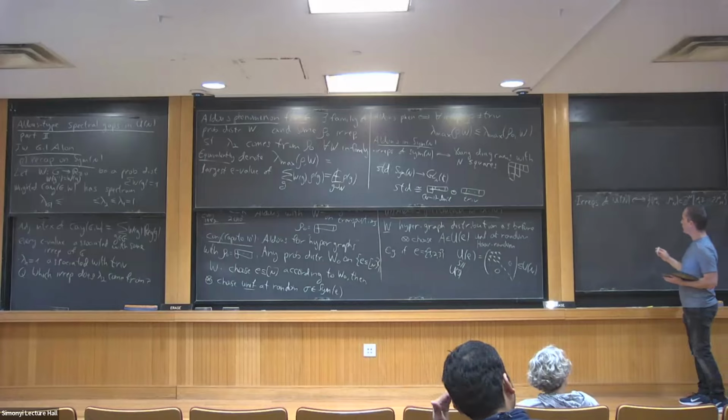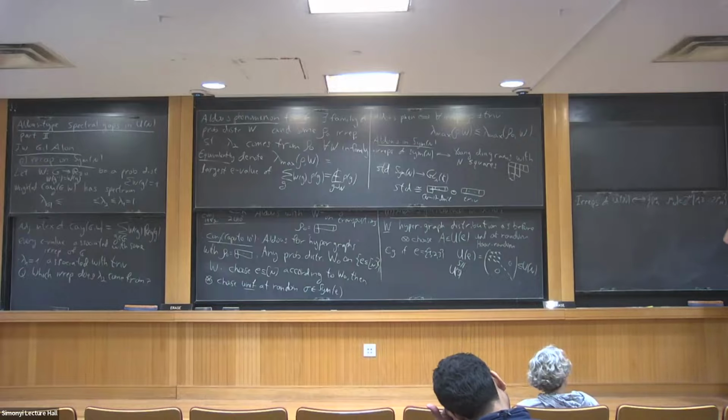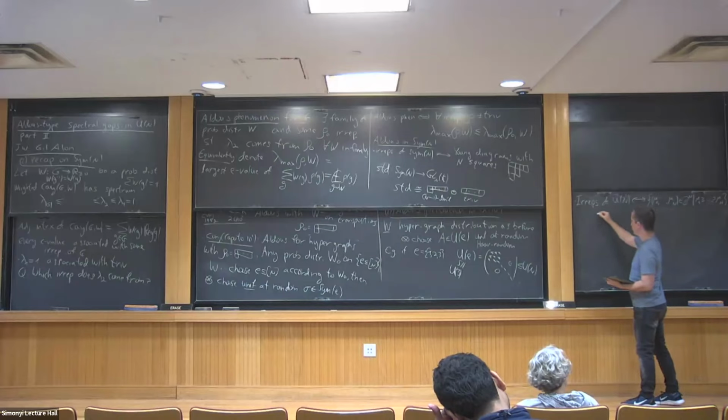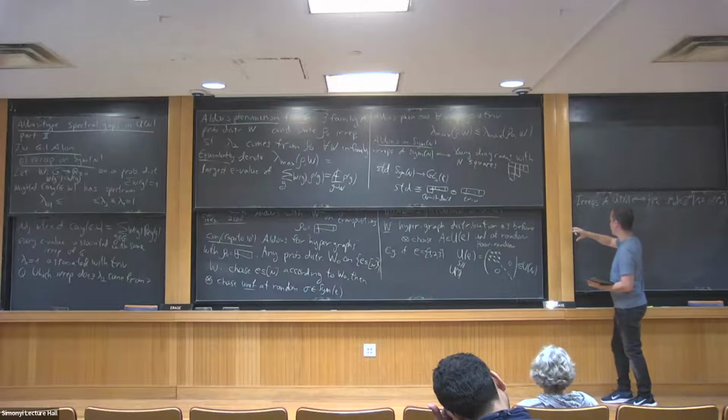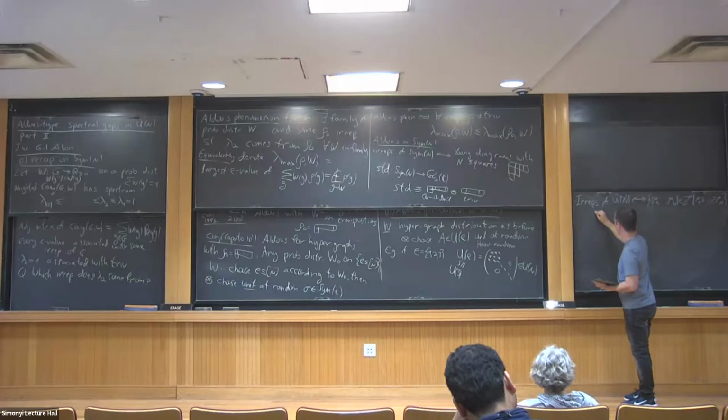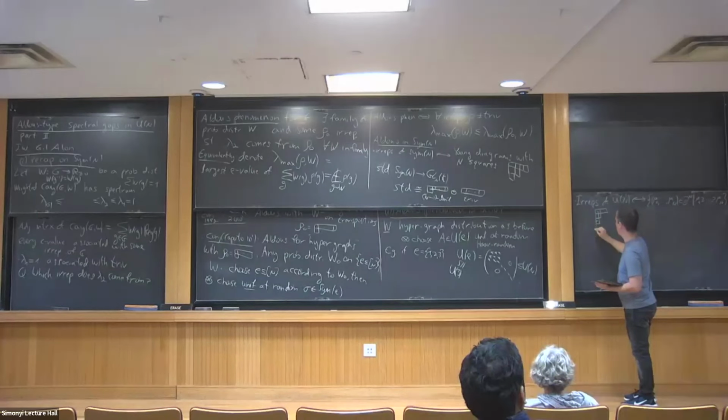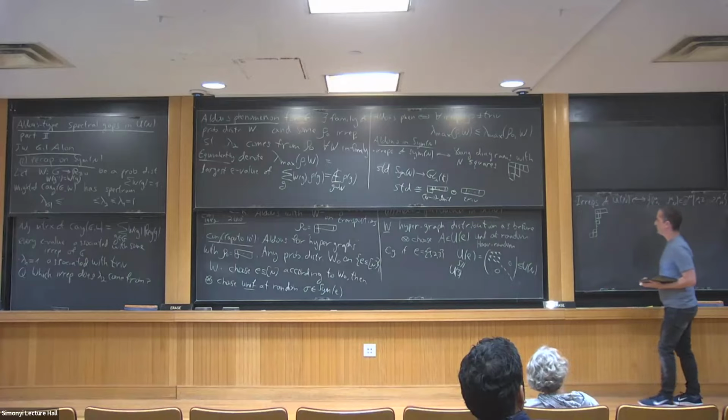And today, I think it will be helpful to think of them similarly to Young diagrams. I want to draw things that look like that. I think of it as having a Young diagram and a negative Young diagram.